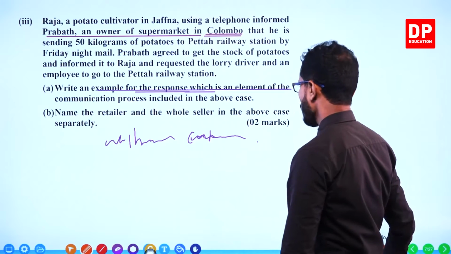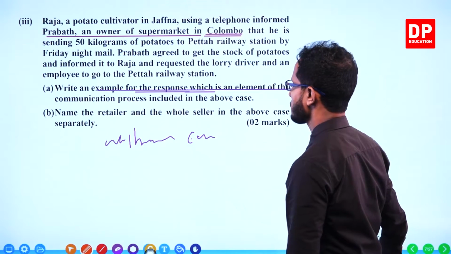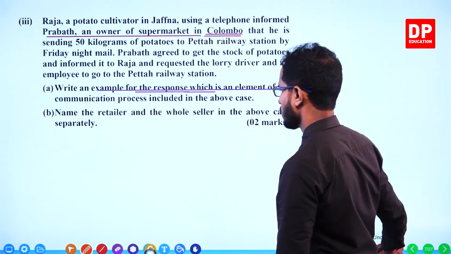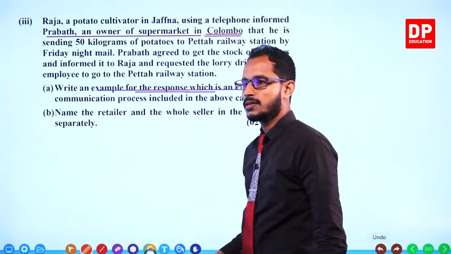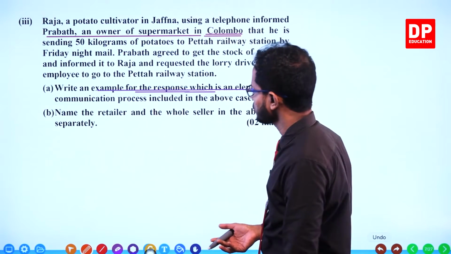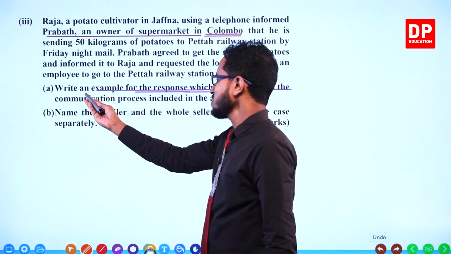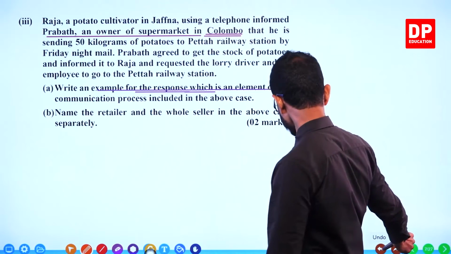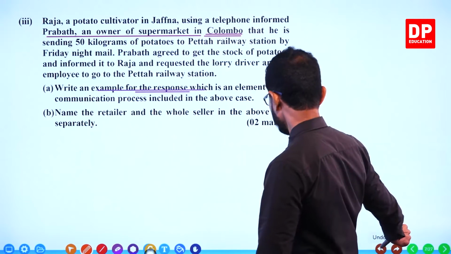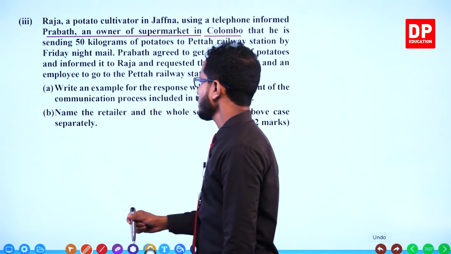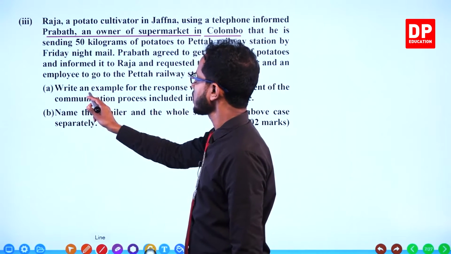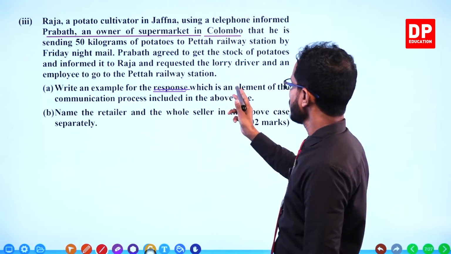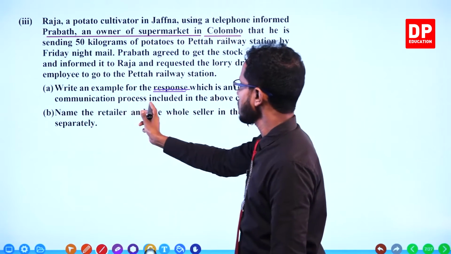Okay, so the response is how the receiver reacts. The question is asking for an example of the response, which is an element of the communication process included in the case.